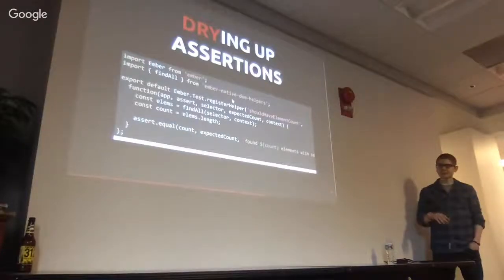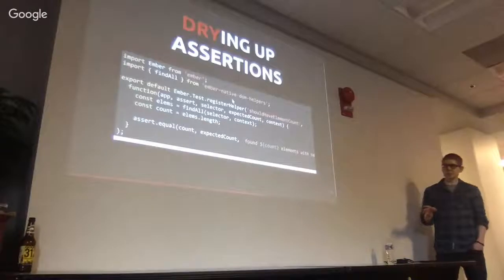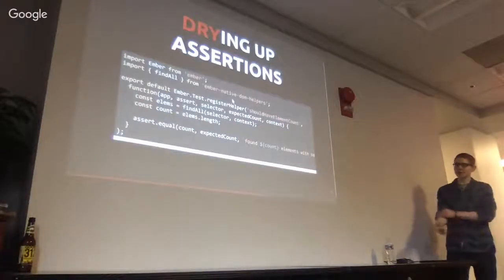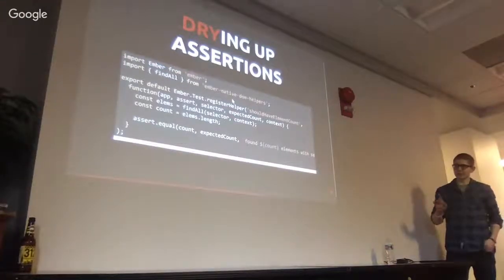And basically you define this function, the syntax here is a little confusing in terms of what this function actually takes. I should include a usage example, but essentially it will take those last three arguments. When you're calling this function, it will take the selector, and it will take anything after the app and the assert.